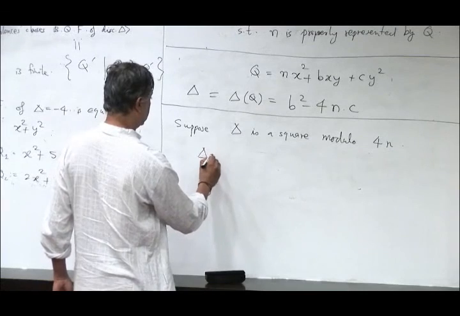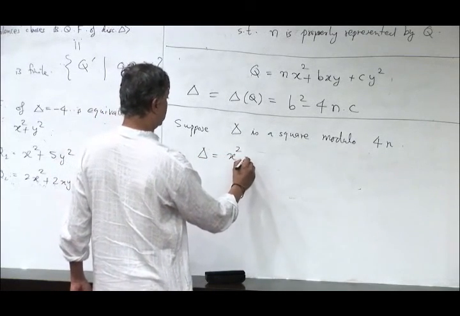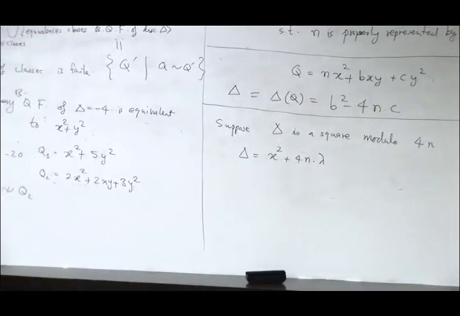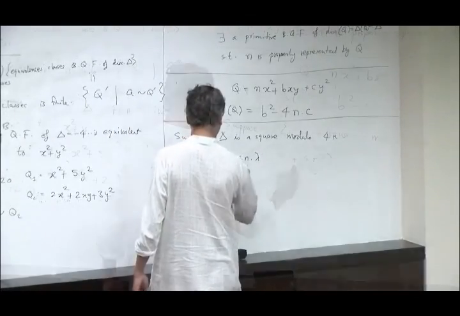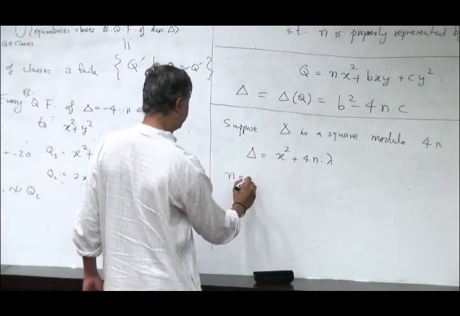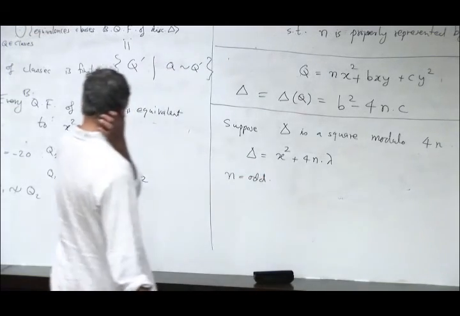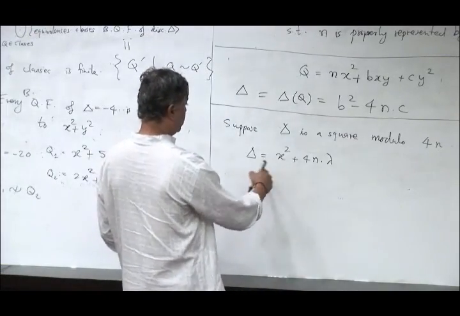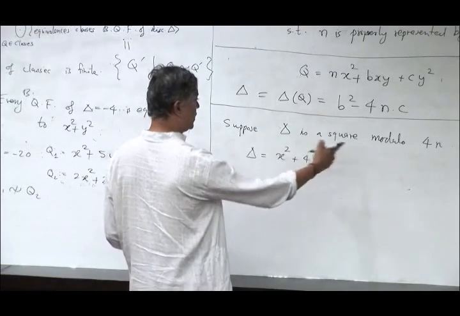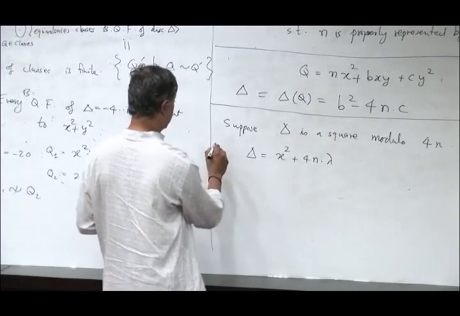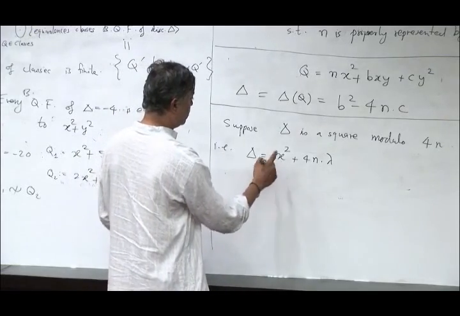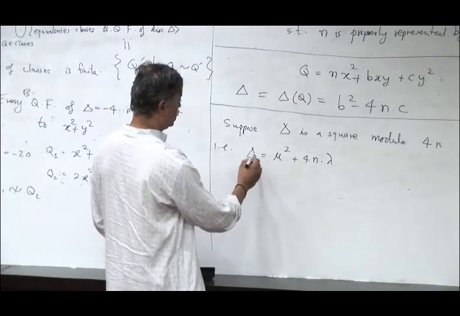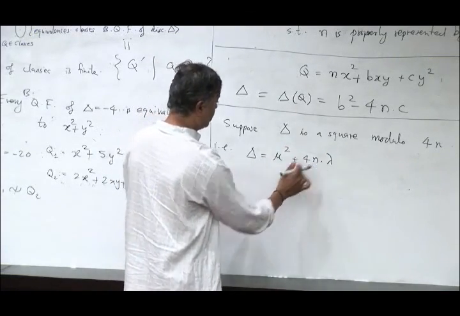Then I can write delta as x square plus 4n times some lambda. I am purposely choosing different, yeah. Then I can use this to say this, and then now if I put one more condition that n is odd. Why do I do that? Do I need it? Okay, I don't do that. So if I put this condition, what does it mean? What I say is that suppose delta is a square modulo 4n, and that means what is given is that delta equal to, there is some bad notation, sorry, mu square plus 4n lambda, delta equal to a square plus a multiple of 4n.